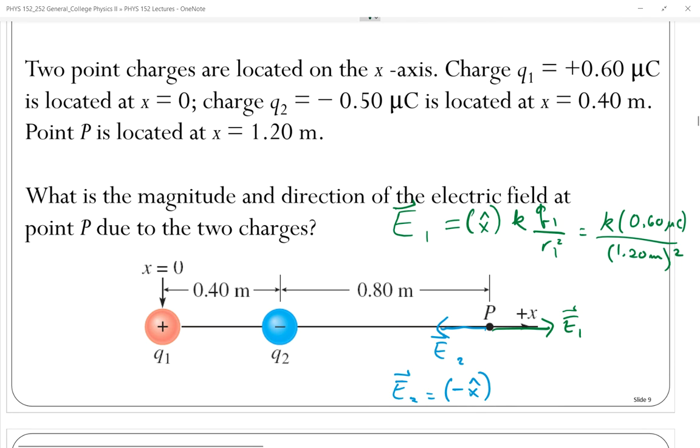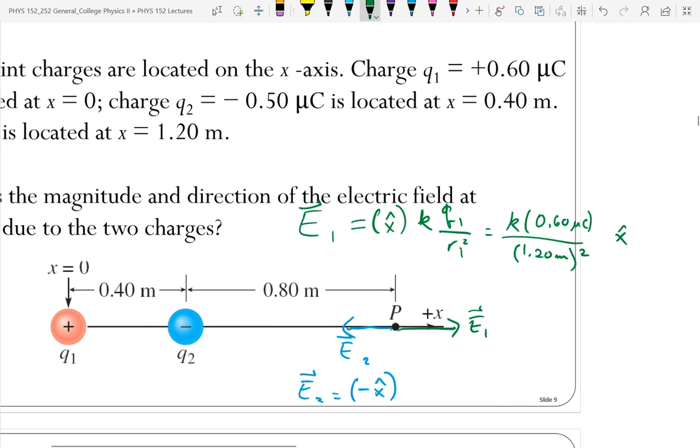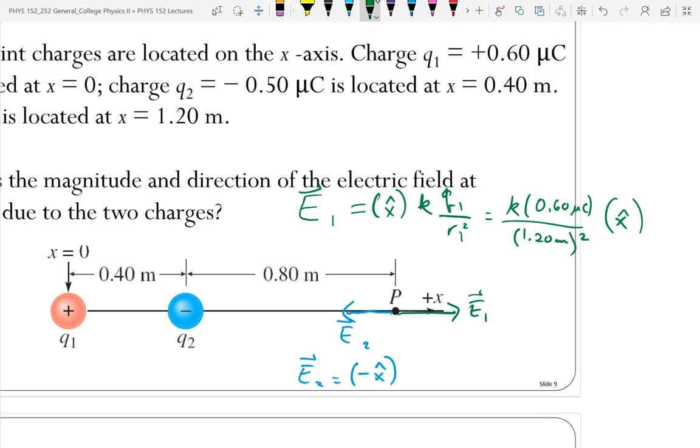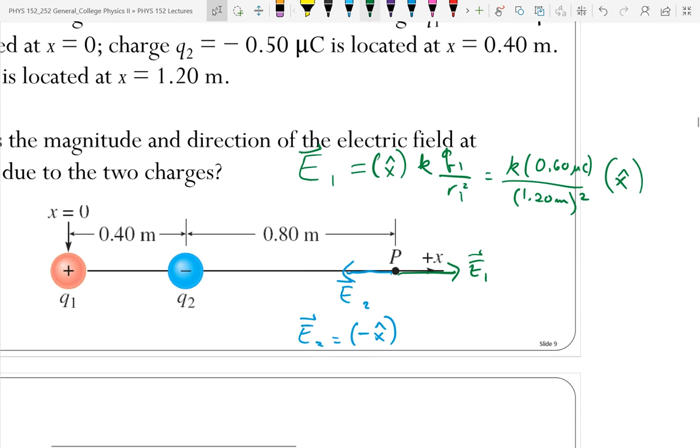I forgot to put the direction up here in the second writing. K Q2 over R2 squared equals K times Q2.